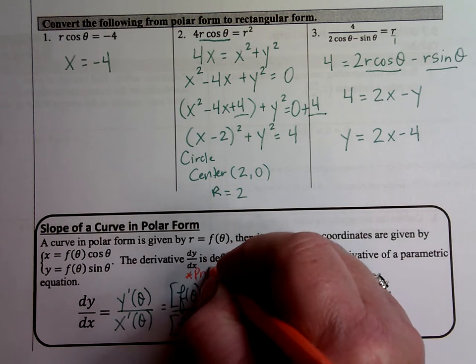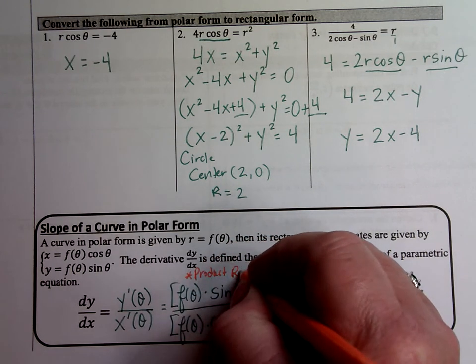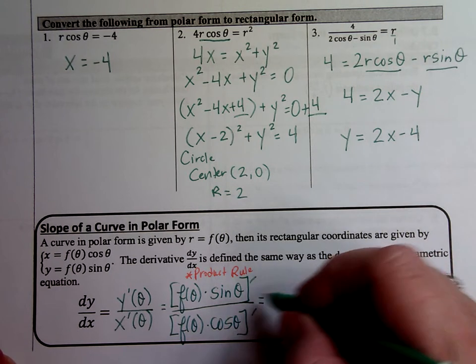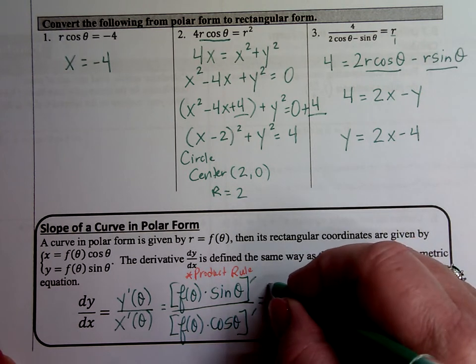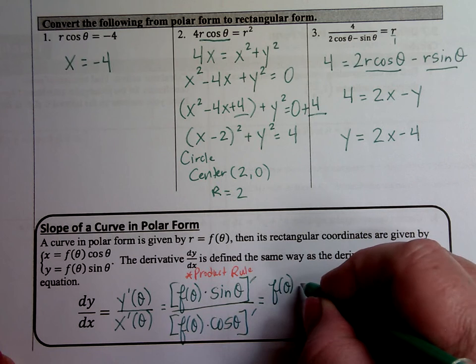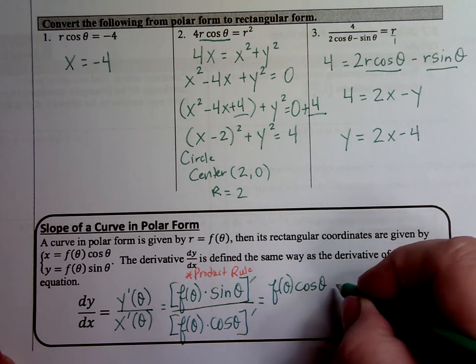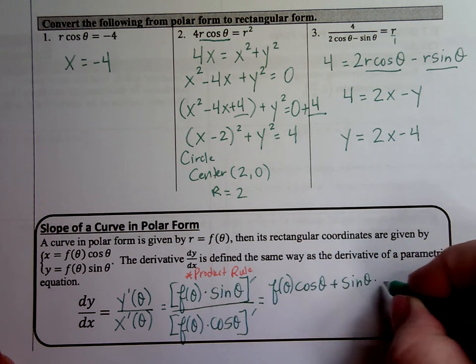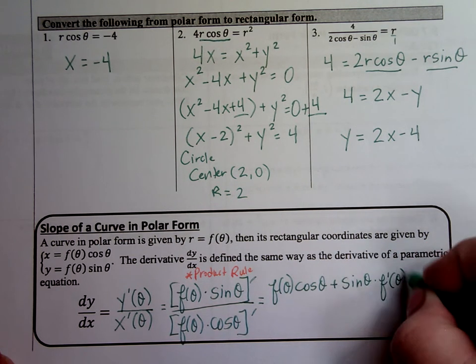Product rule. So if I product rule this thing, I have the first, f of theta, times the derivative of the second, derivative of sine is cosine, plus the second, that would be sine of theta, times the derivative of the first.